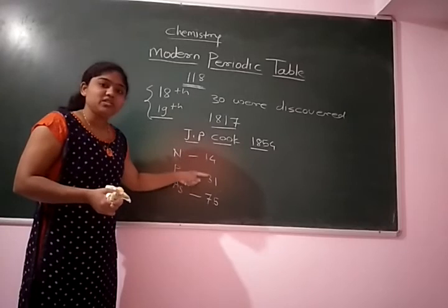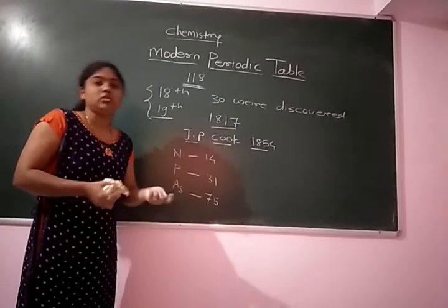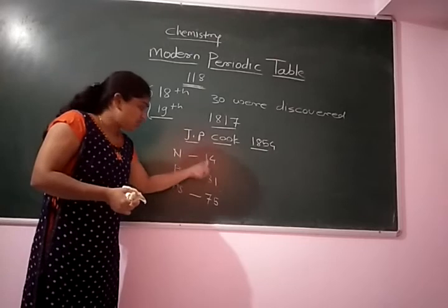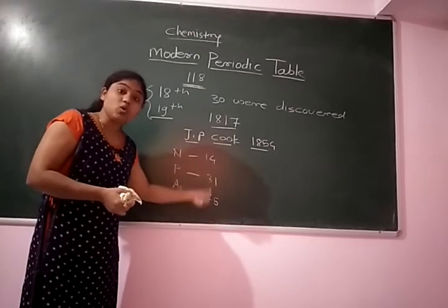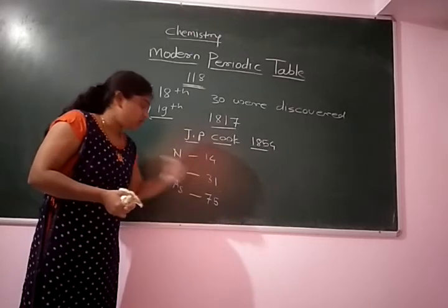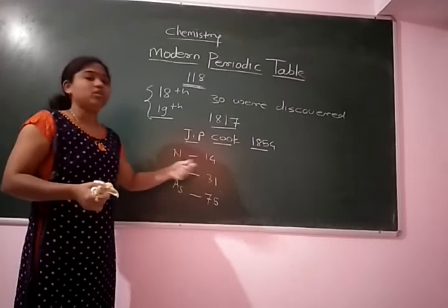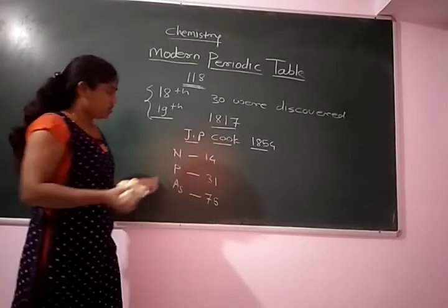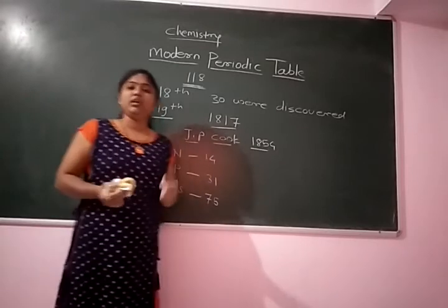At the time of J.P. Cook, the atomic weights of the elements were discovered, and he arranged the elements in increasing order of their atomic weights. Look, the elements' atomic weight is increasing.